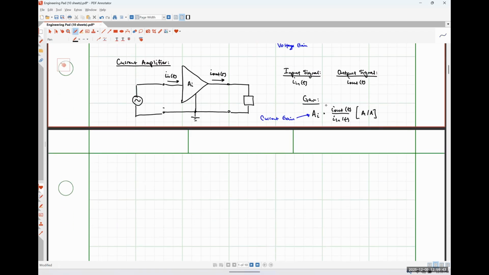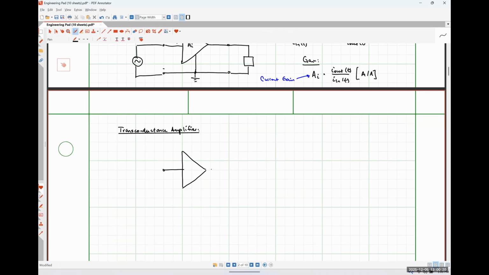So the next one that we'll talk about is a transconductance amplifier. And in a transconductance amplifier, our input signal is a voltage and our output signal is a current.